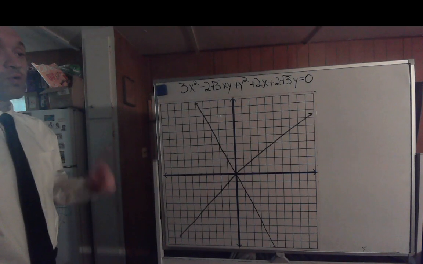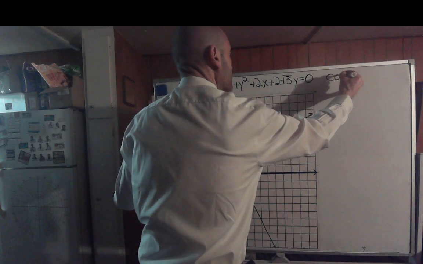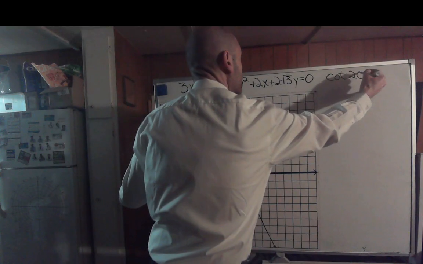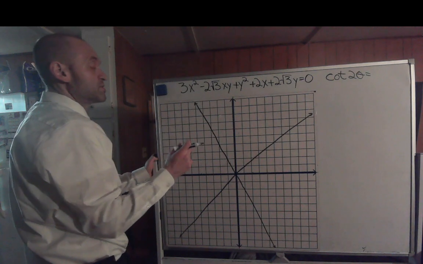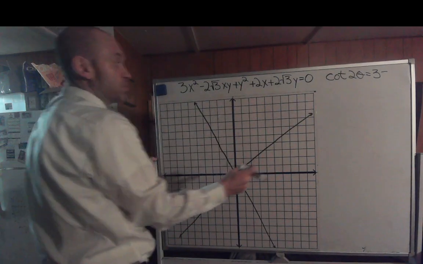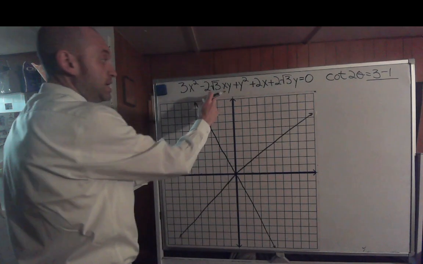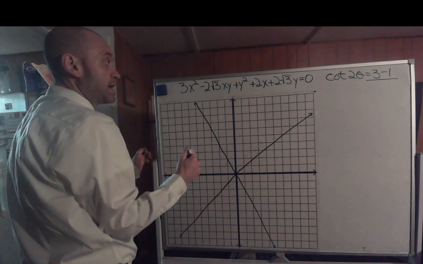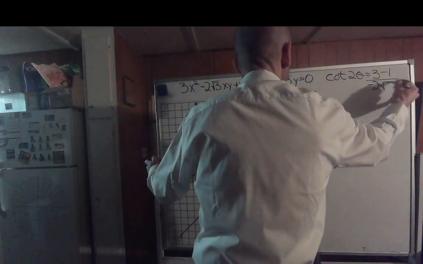Well, we need to, of course, first find the angle that this axis is rotated. So the cotangent of 2 theta equals a minus c in the numerator. The a is the coefficient on the x squared, that's 3, minus our c, which is the coefficient on the y squared, that's just 1, all over b, the coefficient on the xy, which is negative 2 times the square root of 3.